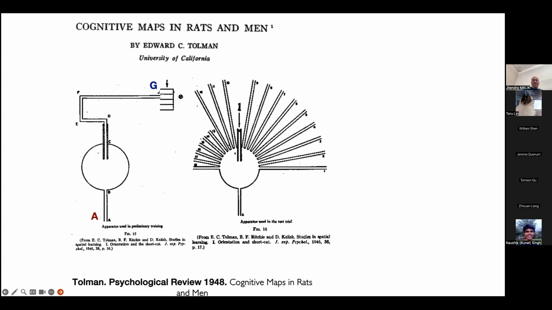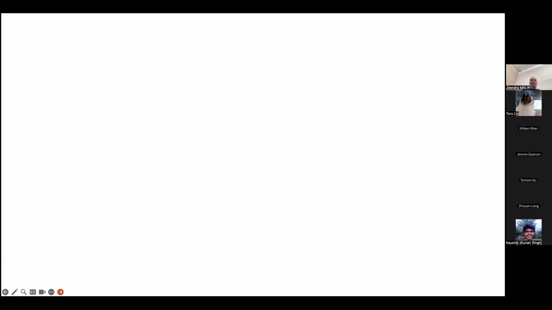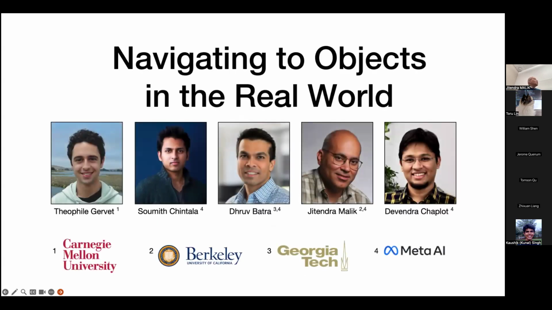I'm not going to go into the details of this finding. Now I'll take you through a couple of papers. This paper was published in Science Robotics last year, I think. It has a study comparing these different techniques.